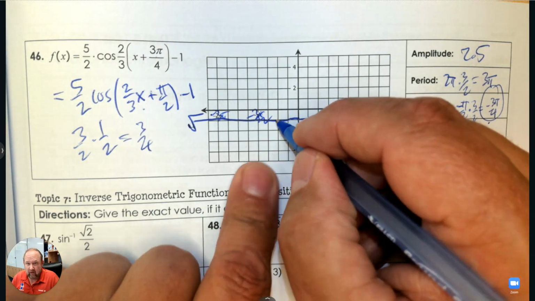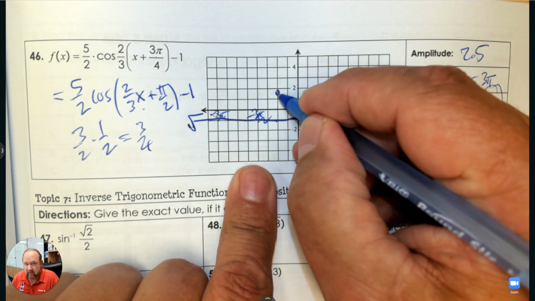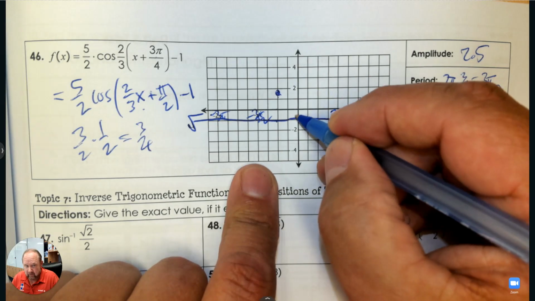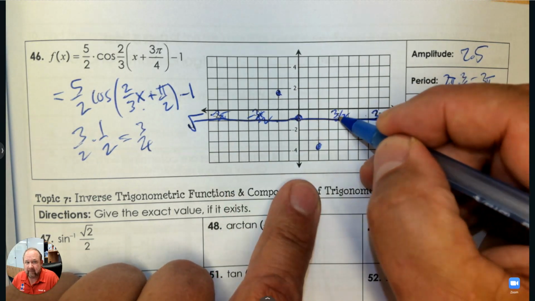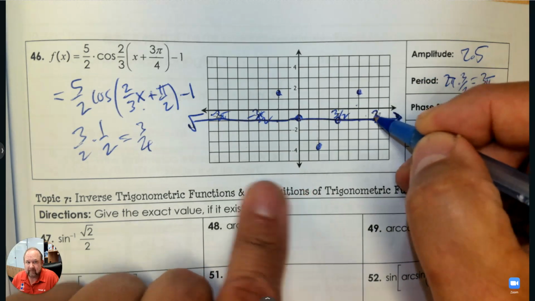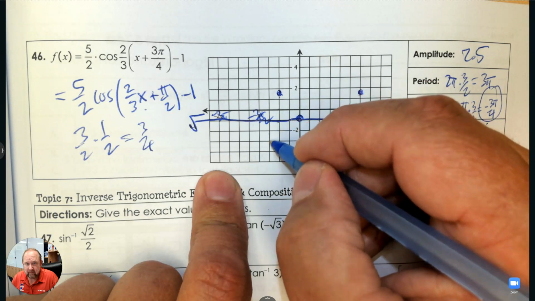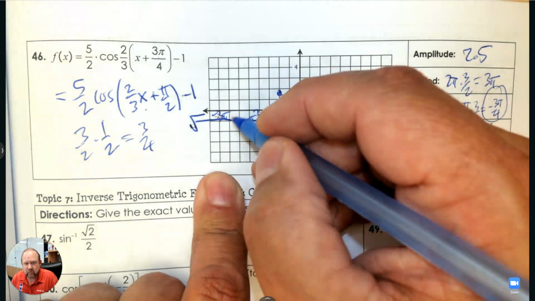So halfway on the midline, I count up 2.5. 1, 2, 2.5. There my graph starts. Then I go to the midline. Then I go down 2.5, back to the midline. To the midline, up 2.5, back to the midline, and then follow that pattern. Back to the midline.